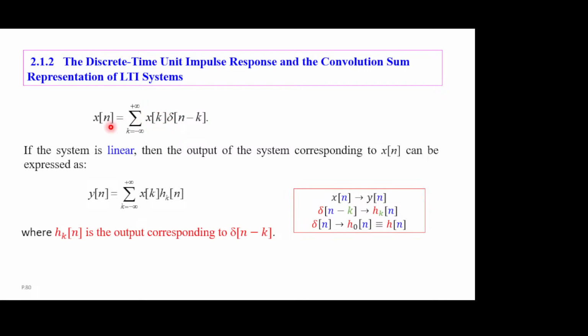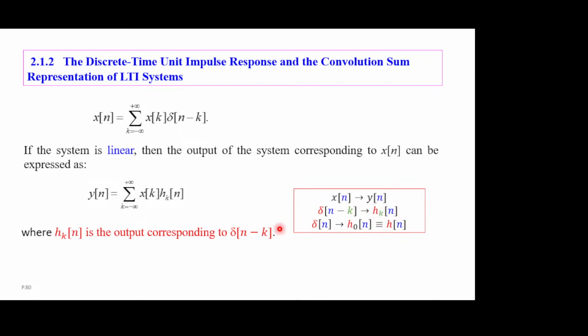So the x of k here is like the ak before, so we should have x of k here. But now we need the corresponding outputs, right? So if the input is delta of n minus k, what's the output? For now, we just give it a name. We just say it's some function, we call it h sub k of n, okay? So h sub k of n is the output corresponding to delta of n minus k.